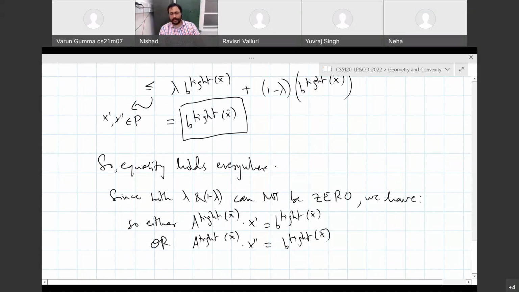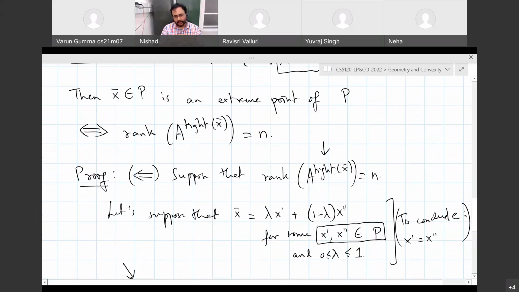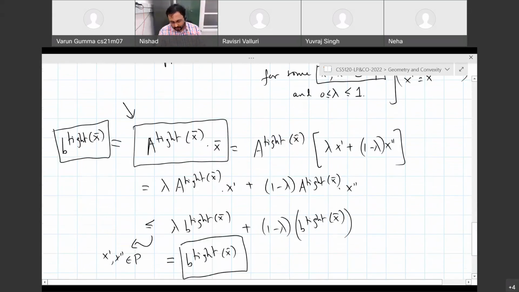Now what can you say? Can you use some linear algebra to make some conclusion? You know that the rank of the matrix A tight x bar is exactly n. So what can you say about the equation? Right.